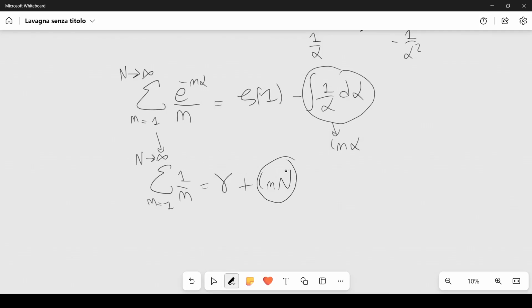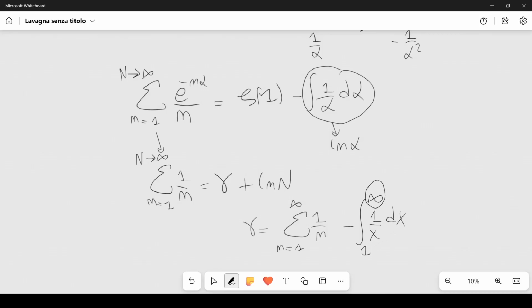And you have to think that this is an infinity, because the Euler-Mascheroni constant is defined as the difference between this summation and an integral of 1 over x dx from 1 to infinity.